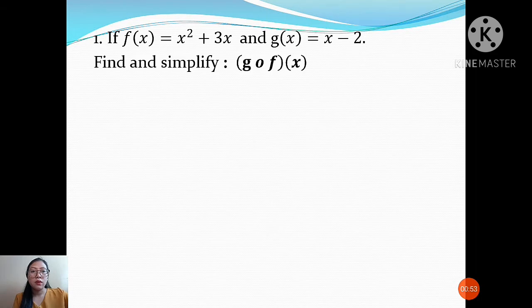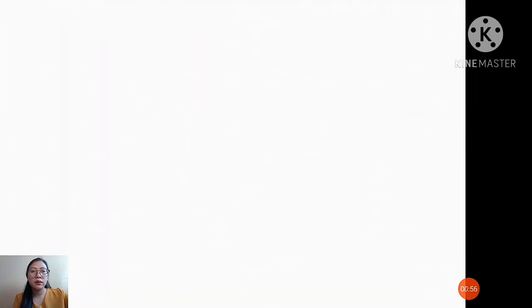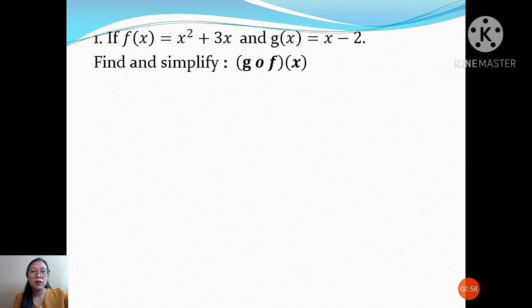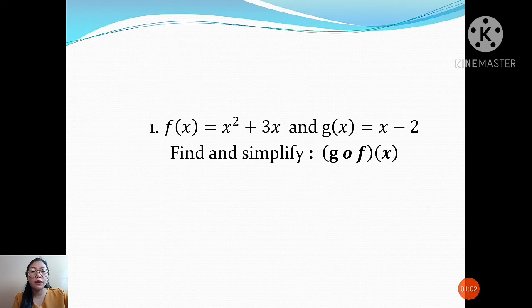For number 1, answer this. You only have 60 seconds. Okay, your time starts now. It is f of x equals x squared plus 3 and g of x is equal to x minus 2. Then find and simplify g composed with f of x.